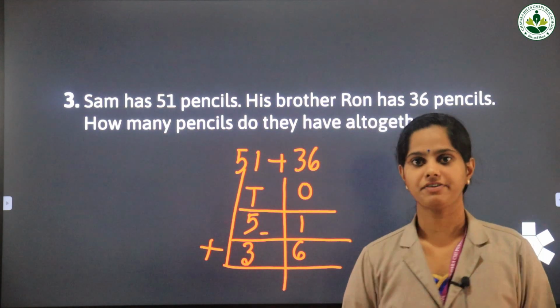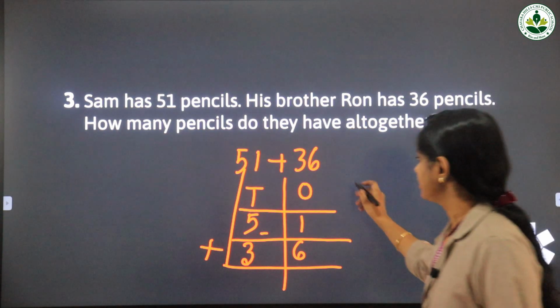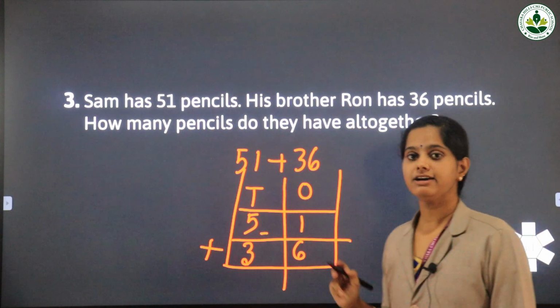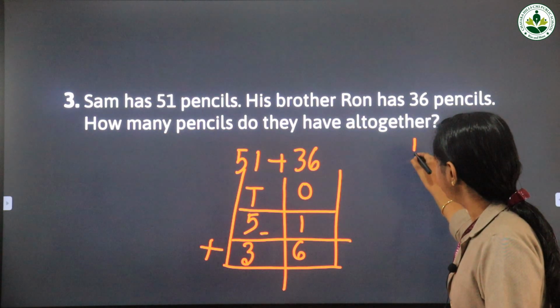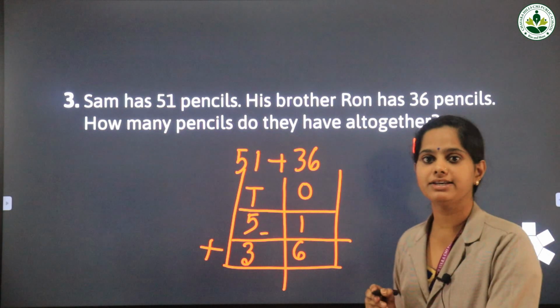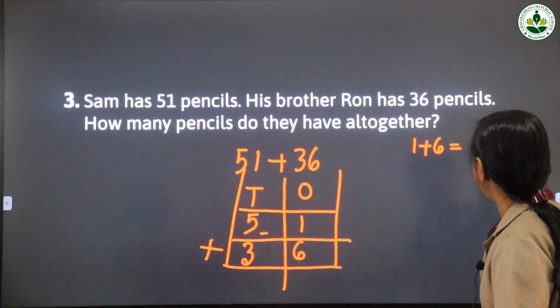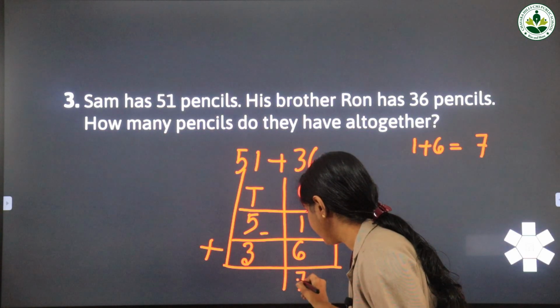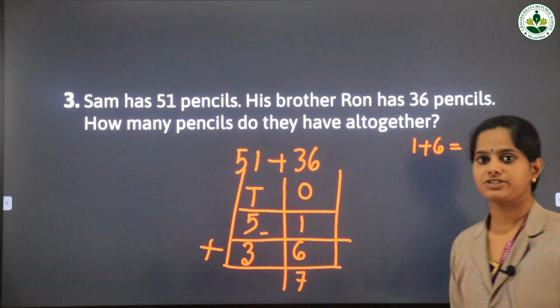Let us start our addition. We start from the digits in the ones place. First we add 1 plus 6. We know that 1 plus 6 is equal to 7. We write 7 in the ones column.